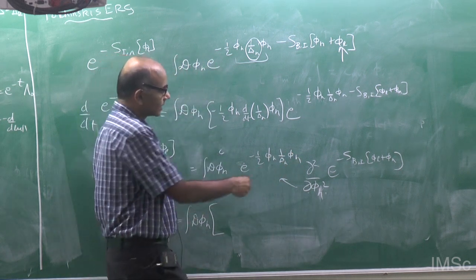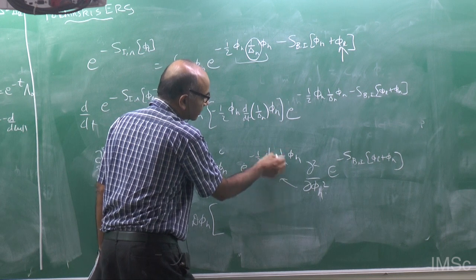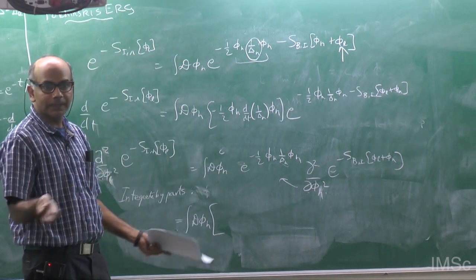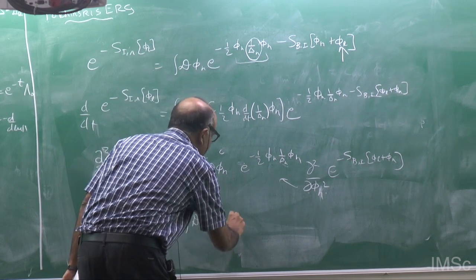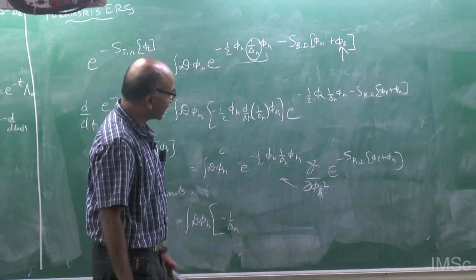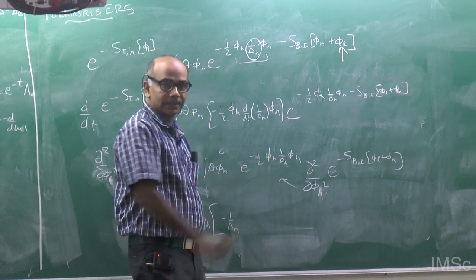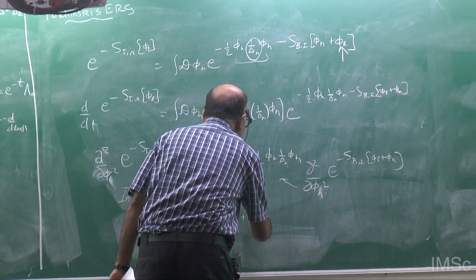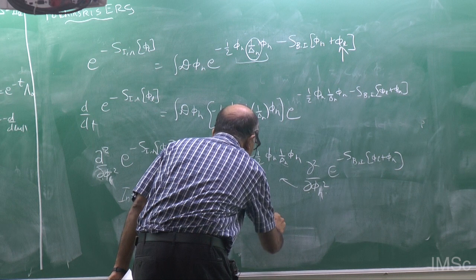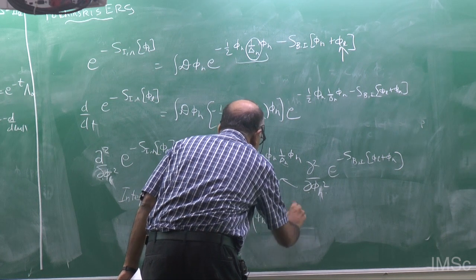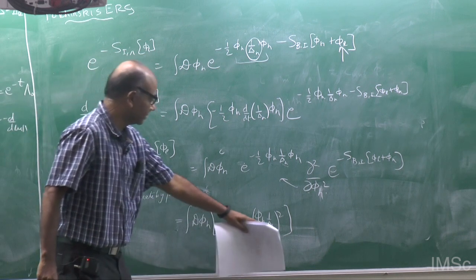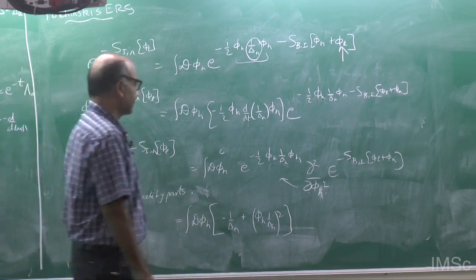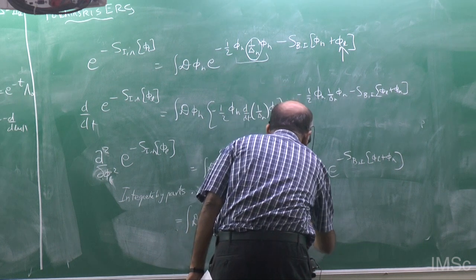When it acts twice, you'll get one term with just 1 over delta h, which is field independent, so you don't worry about it. So one term will be just minus 1 by delta h, and the second term will be 2 powers of this. So the second term will be plus phi h 1 over delta h squared. That's the field dependent part. This doesn't play much of a role. Times the full thing.